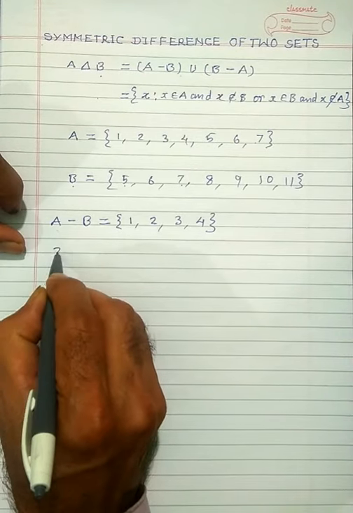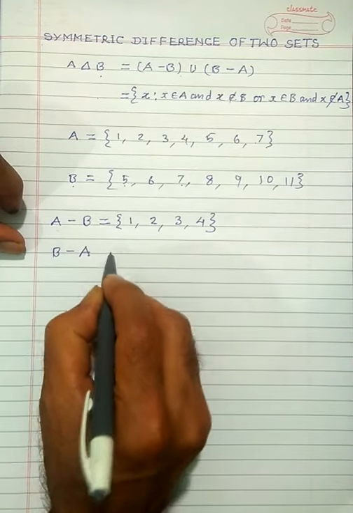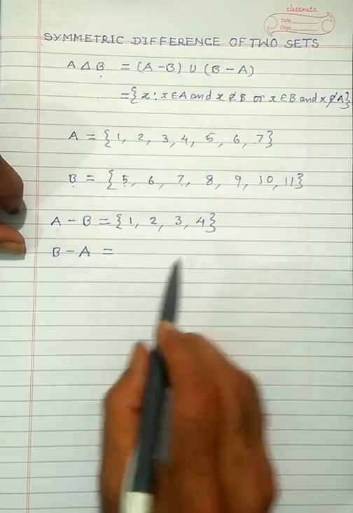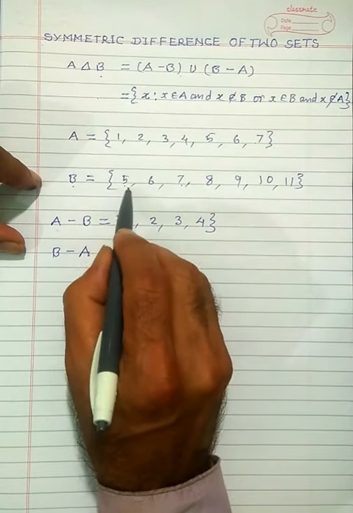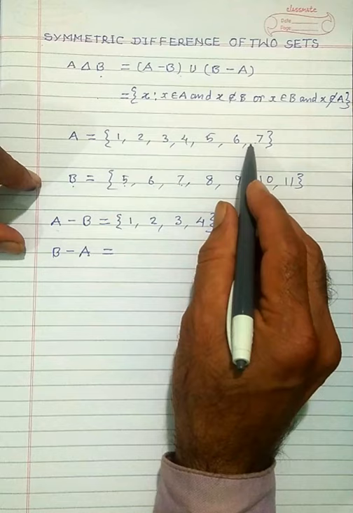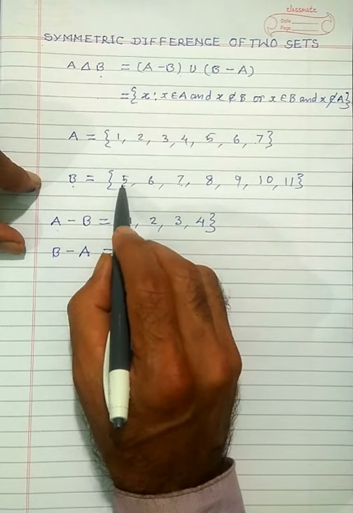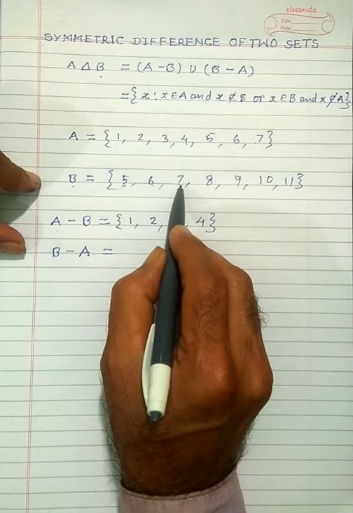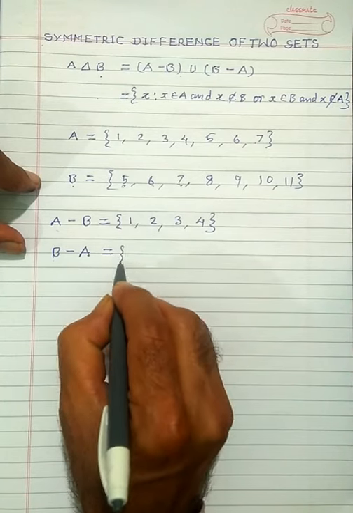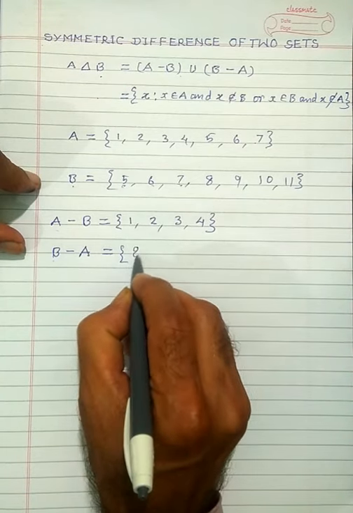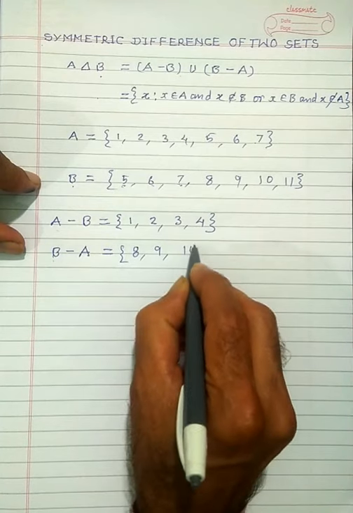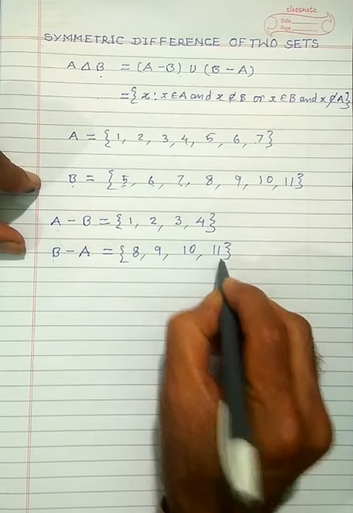Similarly, B minus A is all those elements of B which are not in A. Once again 5, 6, 7 are in both. Therefore, we have to exclude 5, 6, 7 from B to form B minus A, and we will get 8, 9, 10, 11.